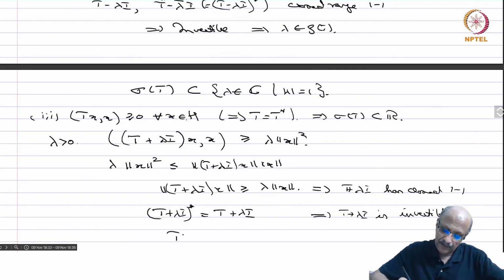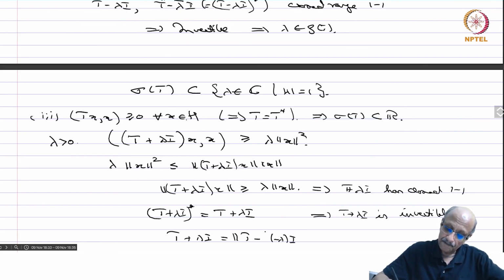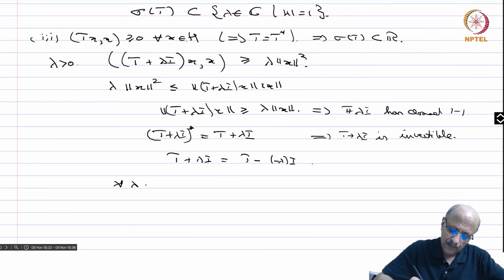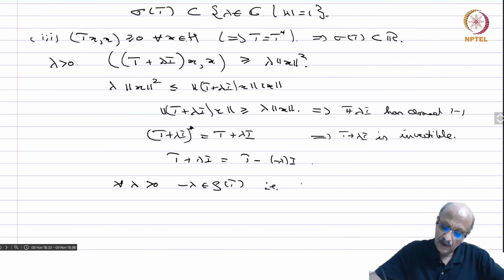So this T plus lambda I is nothing but T minus (minus lambda) I. Okay, and therefore for every lambda positive, minus lambda belongs to rho of T, that is lambda negative implies lambda belongs to rho of T, and therefore this tells you that sigma T is contained in [0, infinity).